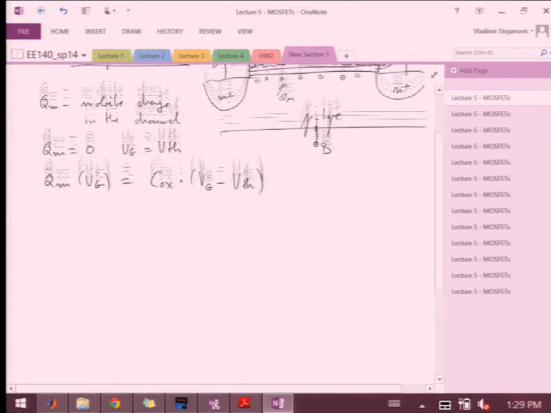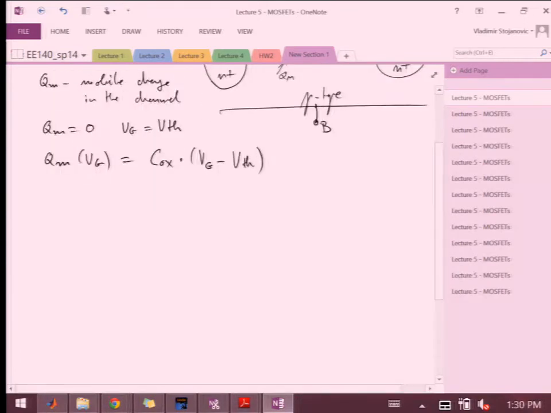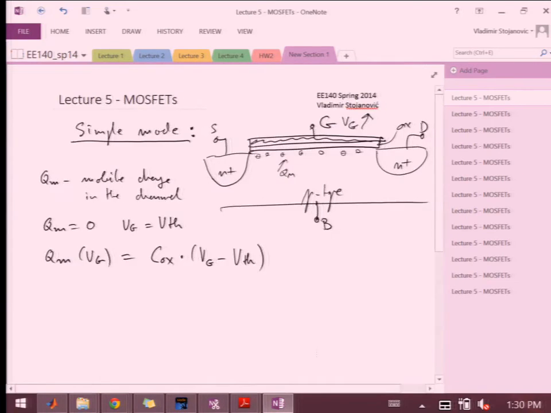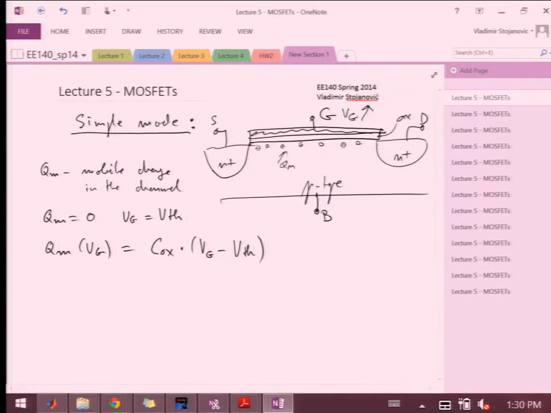Okay. So in this case where we added source and drain, now we're going to refer this Vg to some point between source and drain. And because we've added source and drain and potentially have different voltages at source and drain, the potential in the channel will also be changing. So let's define some coordinates here.